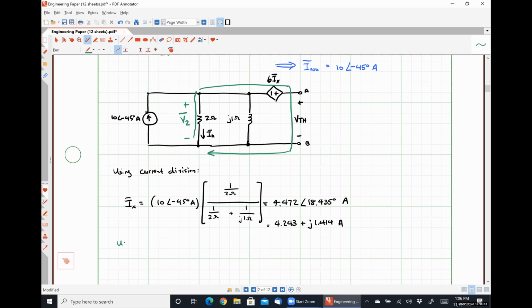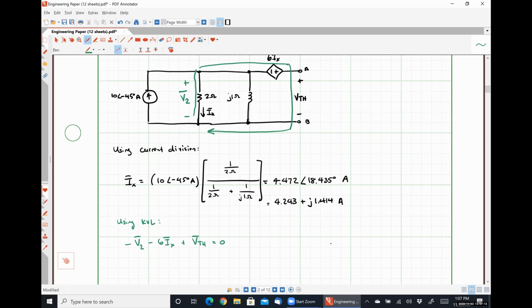So using KVL, I would see negative phasor voltage V2 minus the voltage drop over our dependent source, which is 6Ix, plus VTH is equal to 0. Right? Anybody got any problem with that?